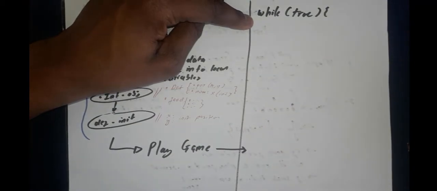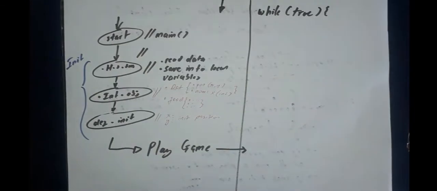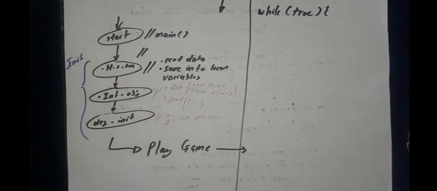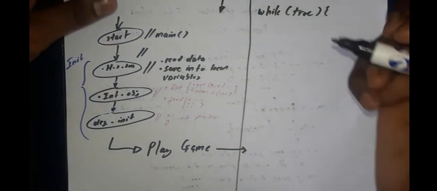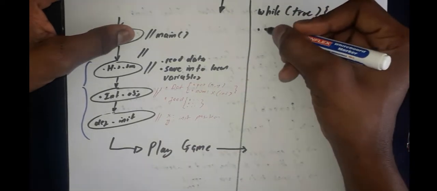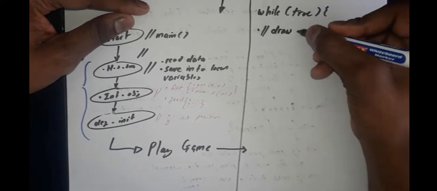In the while loop is where everything happens. You're going to read, you're going to display, you're going to make all decisions based on what's happening, because at this moment your game is playing. So think about it like this: while true. The first thing you want to implement here is draw objects on screen.